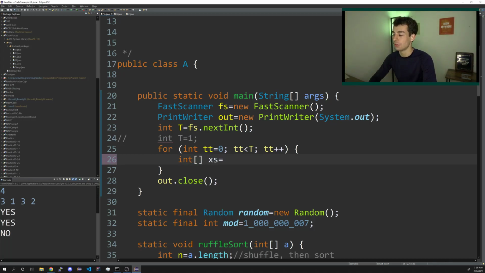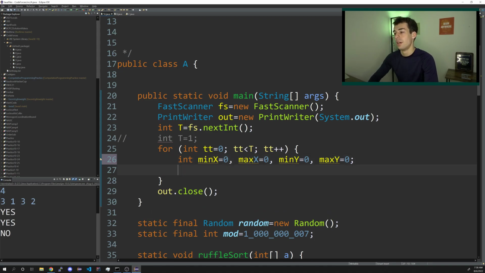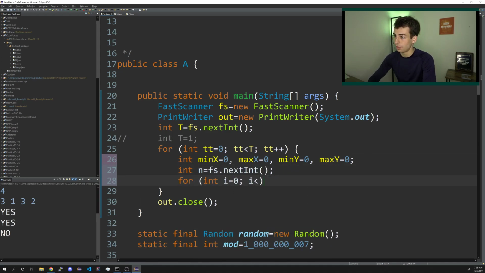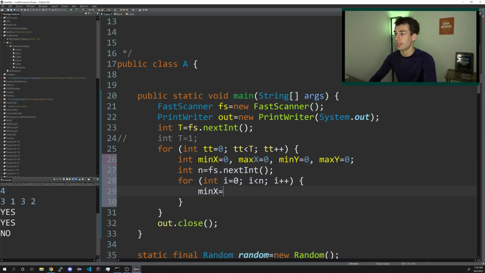Int array xs equals, well, yeah, so we need int min x, max x, min y, max y equals 0. And then for i equals 0, i less than n, i plus plus, min x equals math.min of min x and the fetch extent.